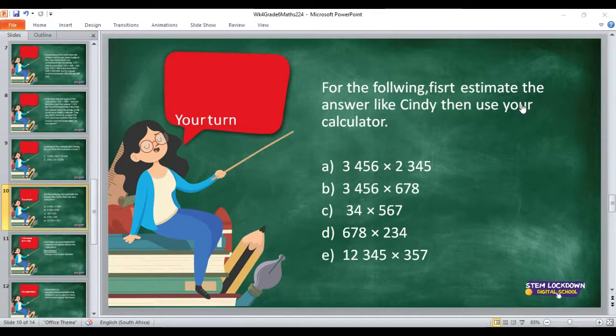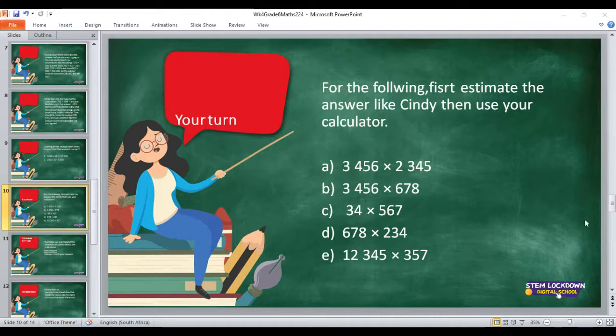You say A, estimated answer, you write there, and then you write calculated answer, and then you give me the correct one, okay? Because I want to see your estimation as well. Not just the use of a calculator. I want us to see if we can be able to estimate close to the correct amount.